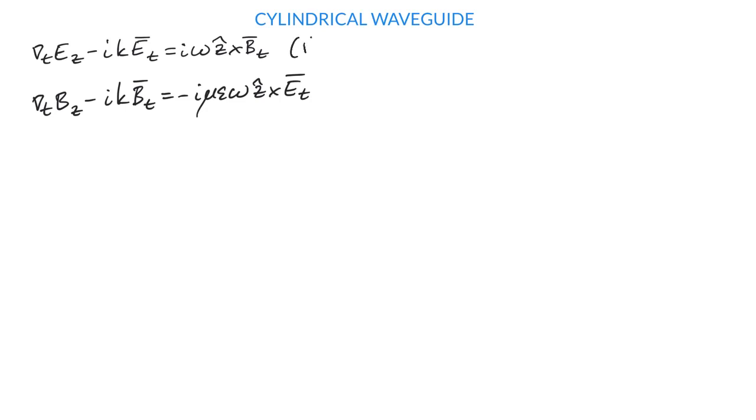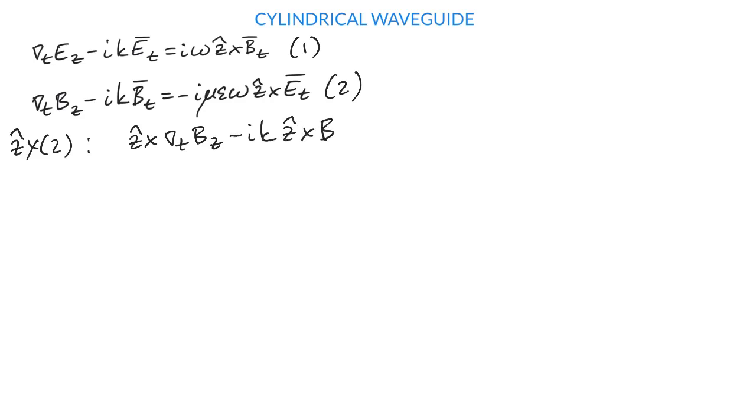So let's call this equation 1 and equation 2, and I'm going to take equation 2 and take a z cross with it. So I have z cross ∇t Bz minus ik z cross Bt. And here I have on the right hand side z crossed with z cross Et.